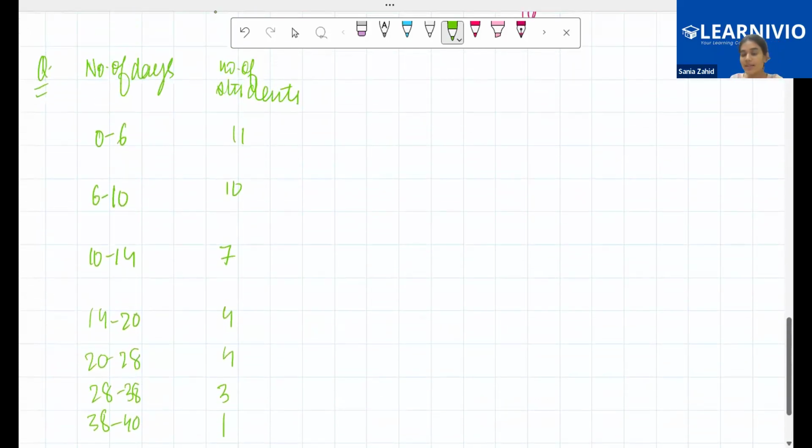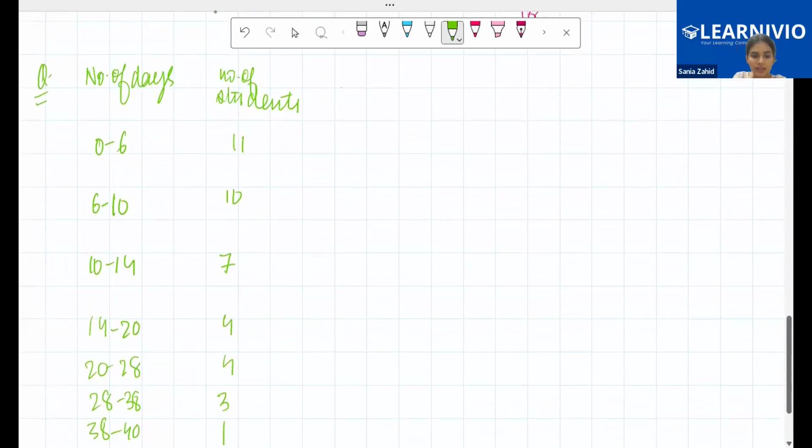Now what is the xi value? The xi value is the middle one. So between 0 and 6, you will get 3. Then between 6 and 10, you will get 8. Then here you will get 12. Right.